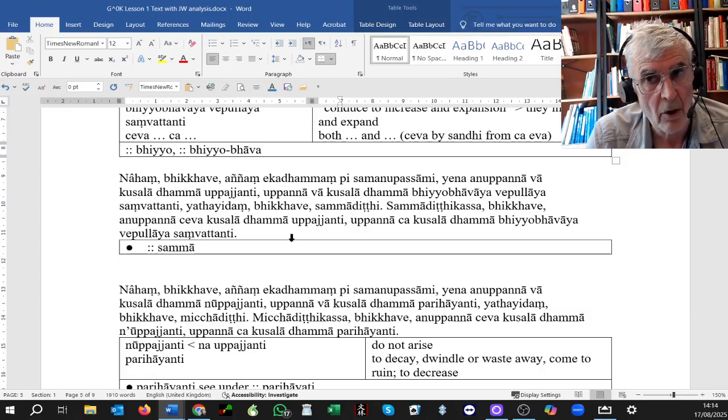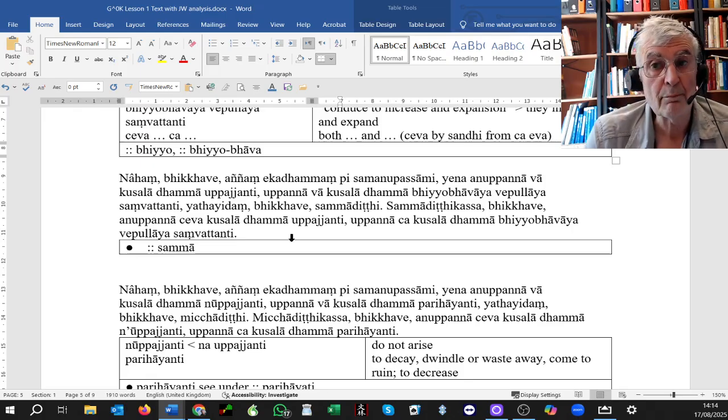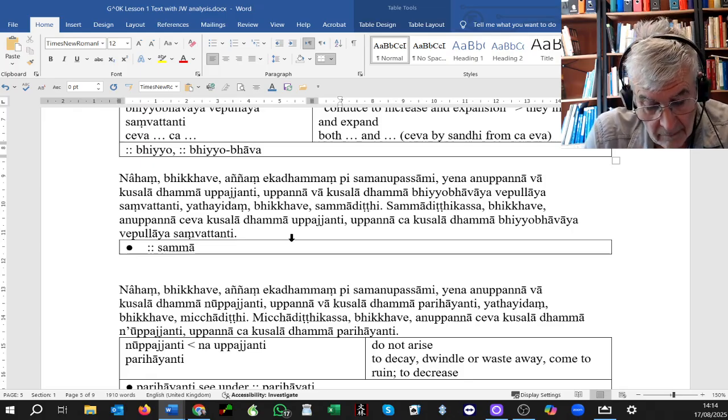Sammaditthi, of course, is the opposite of micchaditthi. Sammaditthi, right view, which is, of course, one of the factors of the Noble Eightfold Path. Sammaditthikassa bhikkhave anuppanna cheva kusala dhamma uppajjanti uppanna cha kusala dhamma bhiyo bhavaya vepullaya samvattanti.